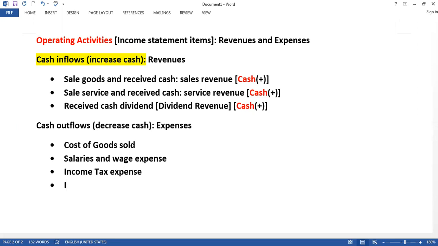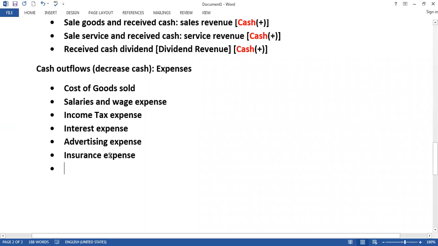Then we may have interest. We may have advertising expense. We may have insurance expense.